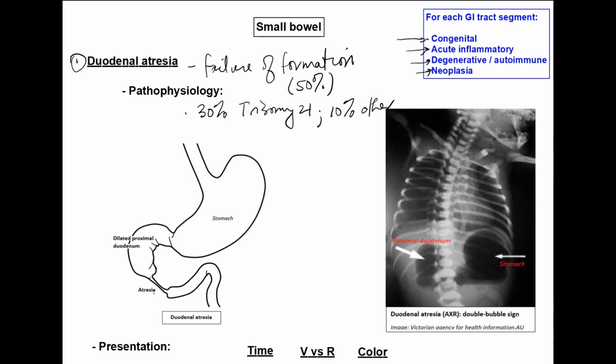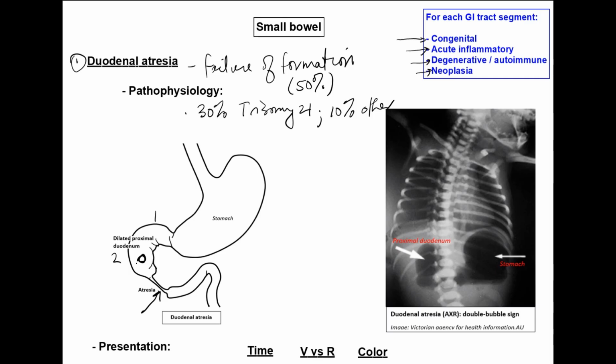Here's an image that shows a good illustration of what the atresia looks like, in which we have a normal first and second portion of duodenum with the ampulla about there, and then distal to that we can see a narrow segment, and this can be any degree of narrowing up to complete failure of a lumen to form.